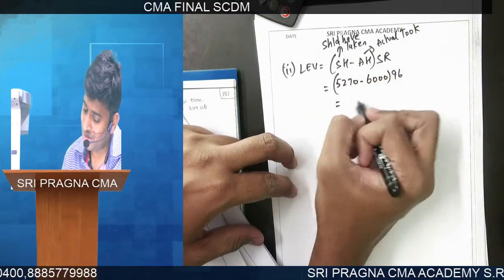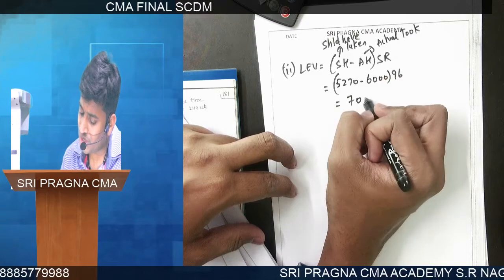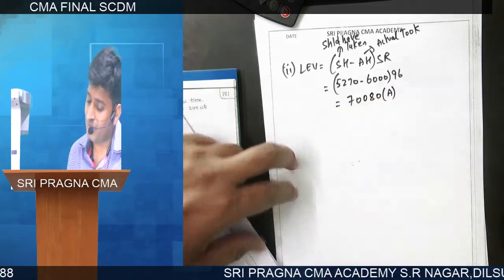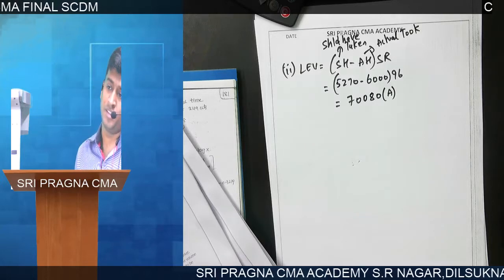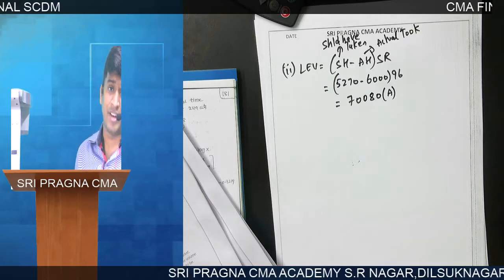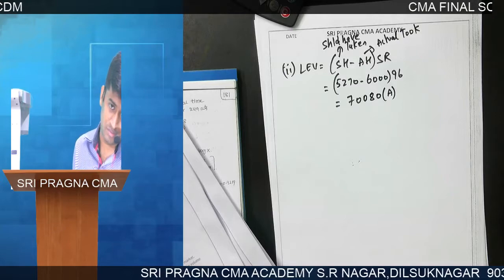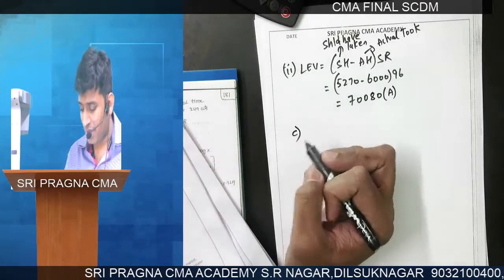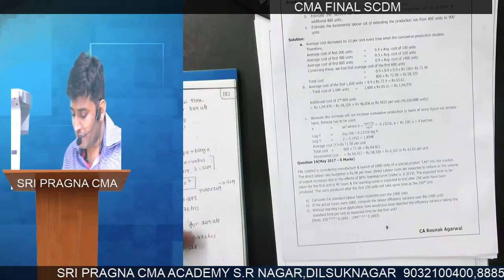How much? 70,000. You write A in the bracket, adverse, because it is negative. Negative is also logical. Clear? Bit number C. Read the third bit.